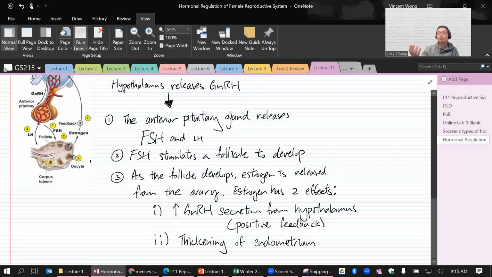So in preparation for potential pregnancy, the blood vessels will start to form in the endometrium, right? Just in case there's pregnancy and there's implantation, you need to have all these nutrients to support the growth of the baby, right? So it's going to get thicker and thicker and thicker. Okay, the lining of the uterus, that is. So all this stuff is happening during the follicular phase, the first half of the cycle.